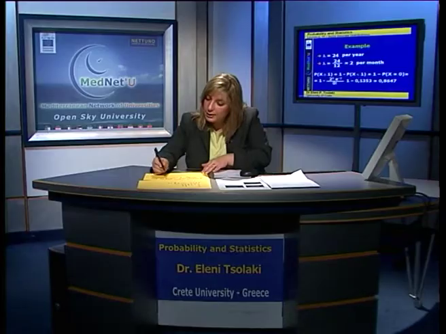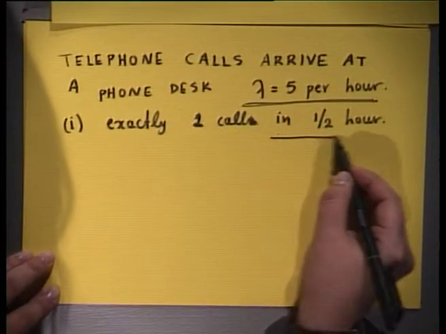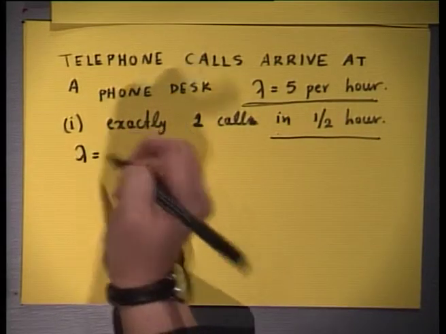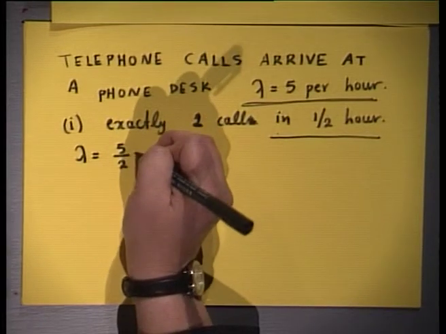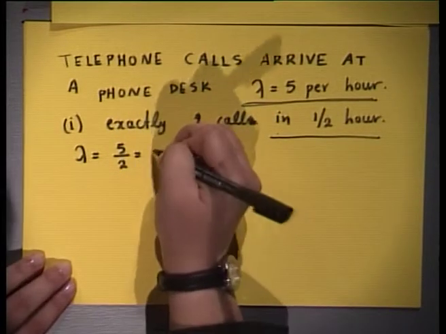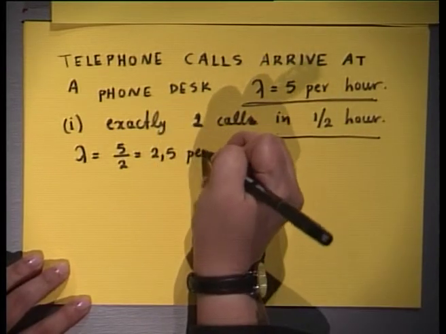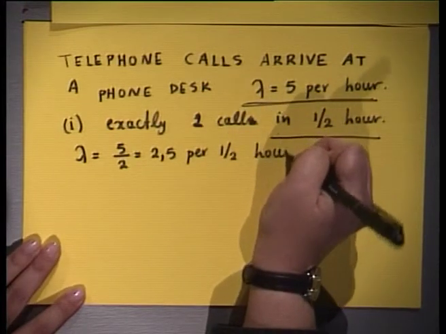So here we need to translate our lambda for half an hour. Here lambda will be 5 over 2 equals 2.5 per half hour.